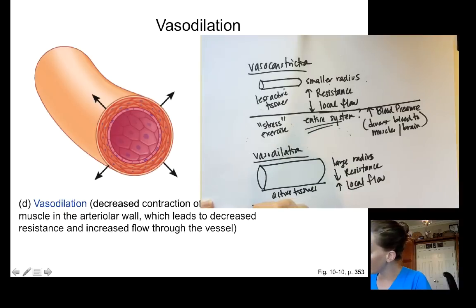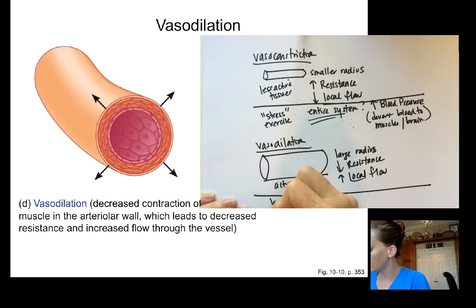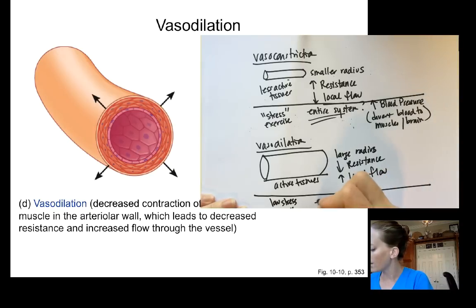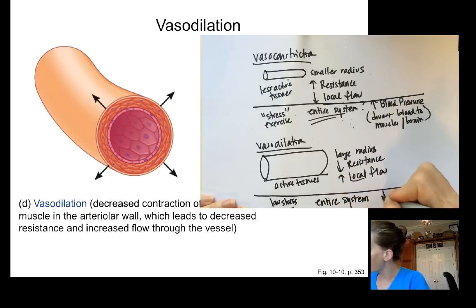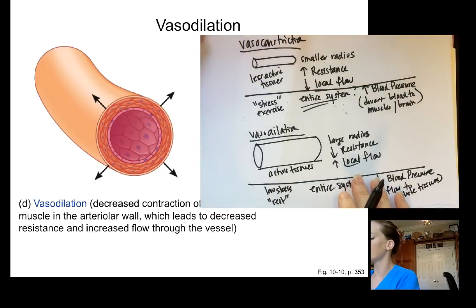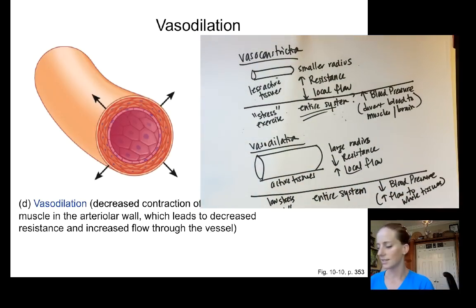Okay. That's very different than during low stress, or the rest state of the body, where if the vasodilation happens in the entire system, then that decreases blood pressure. And that is going to then allow increased flow to whole tissues, for example the digestive system, where we can do the rest and digest activities.